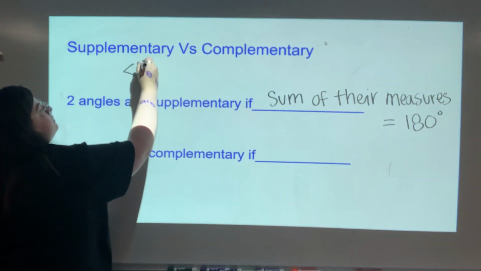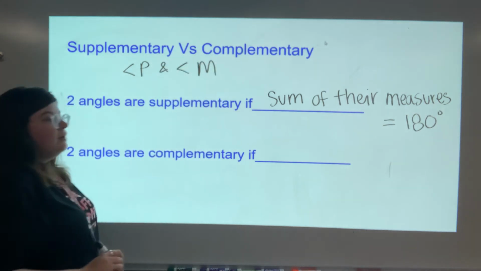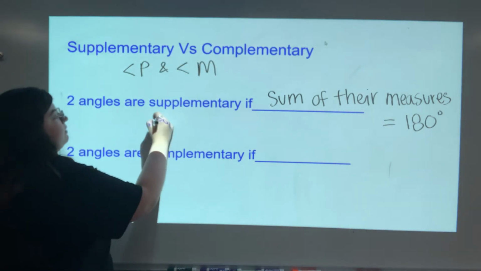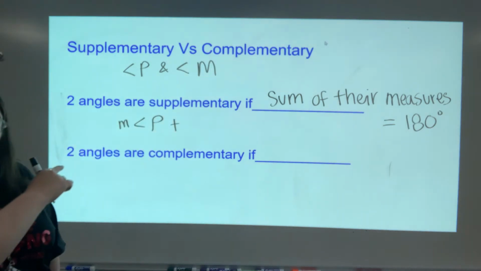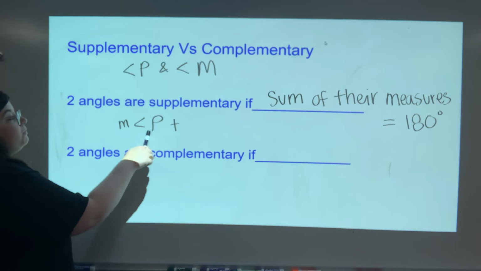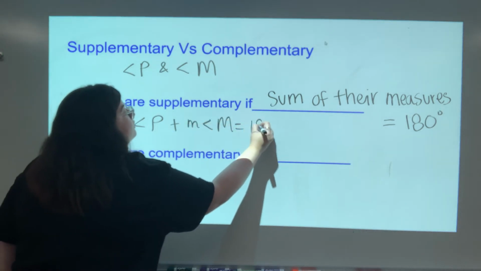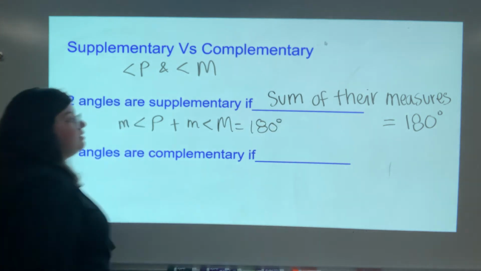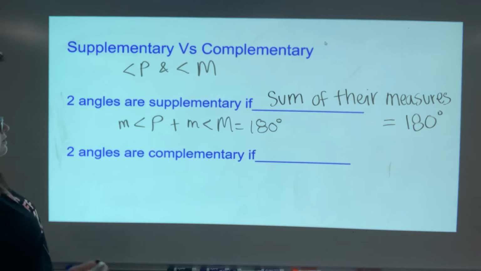So if I said, let's say I've got angle P and angle M. If angle P plus, or excuse me, now we're talking about the measure, right? If the measure of angle P plus the measure of angle M equals 180 degrees, then again, they're called supplementary. Down here, two measures are complementary. Now, instead of 180, if they add up to 90 degrees.